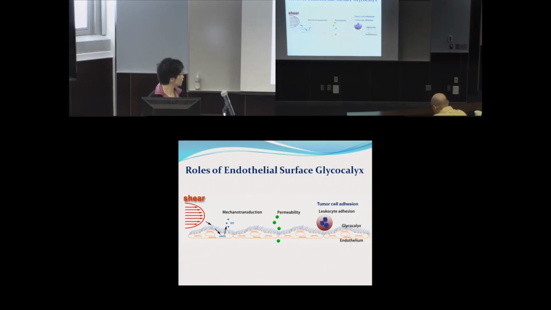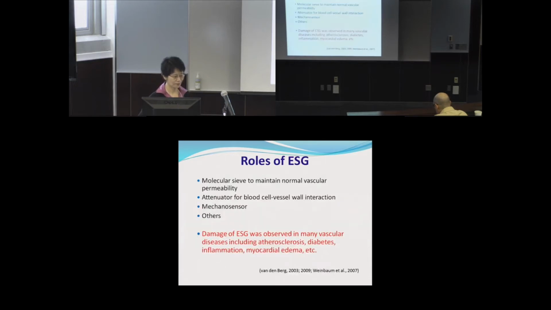And the third one, it's a barrier between circulating cells like leukocytes, platelets, tumor cells, and the endothelium. Because of these important roles, a lot of people like to investigate it.